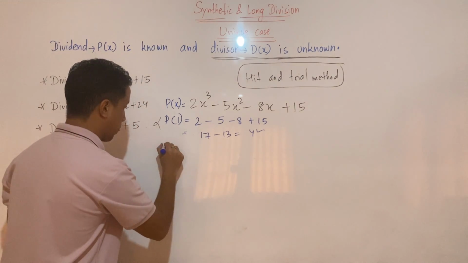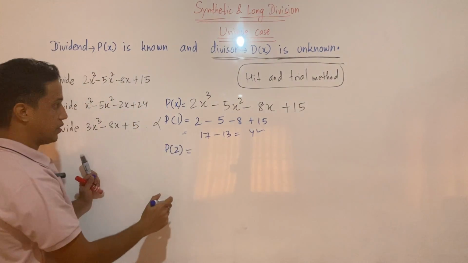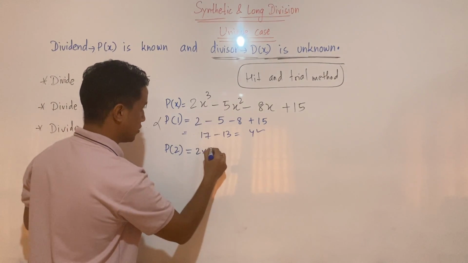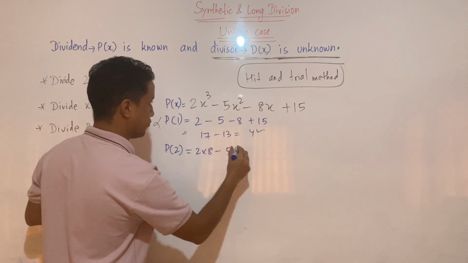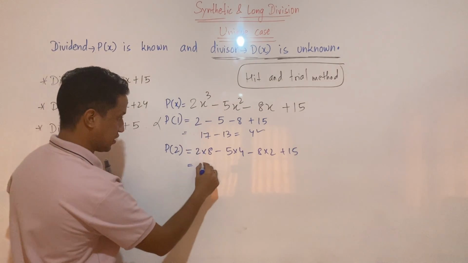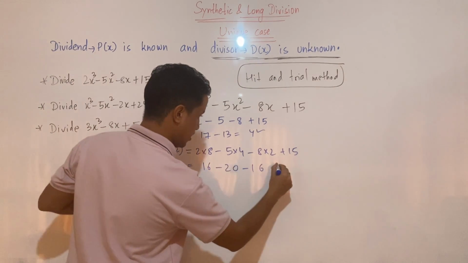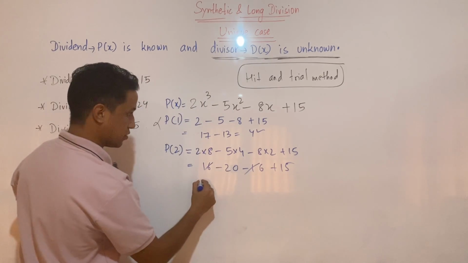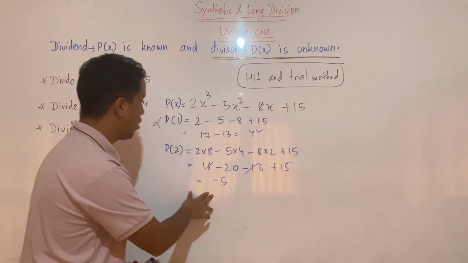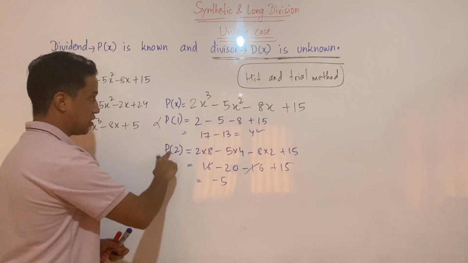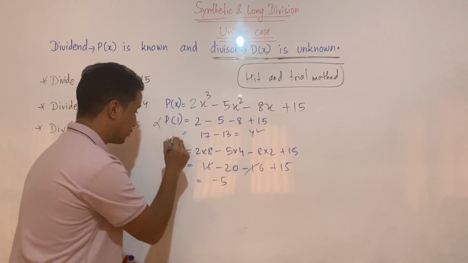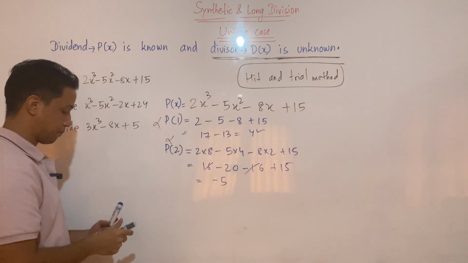Let me check if x is 2: 2 multiplied by 8 minus 5 multiplied by 4 minus 8 multiplied by 2 plus 15. So this is 16 minus 20 minus 16 plus 15, which gives minus 5. Again, the remainder is not 0, so this cannot act as a divisor. This possibility has been ruled out too.